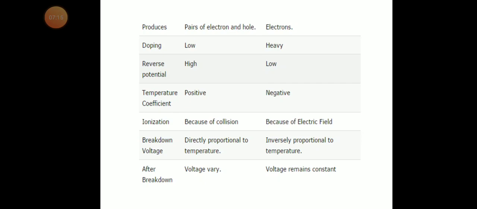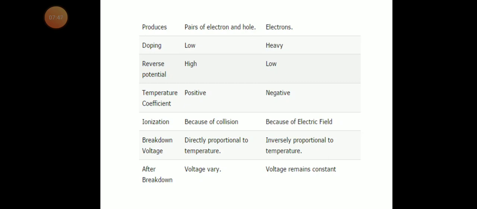The meaning is that as temperature increases, the free charge carriers increase in the avalanche. But in the Zener breakdown, as temperature increases, because it is heavily doped, it offers more resistance to the free charge carriers. Ionization: in the avalanche breakdown, we get ionization because of collisions.